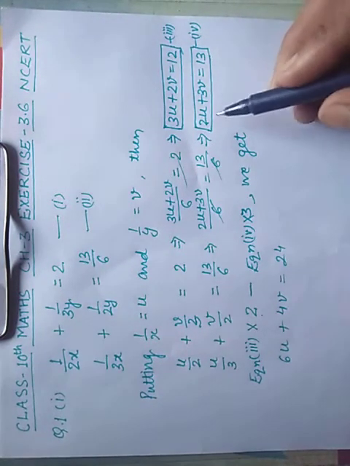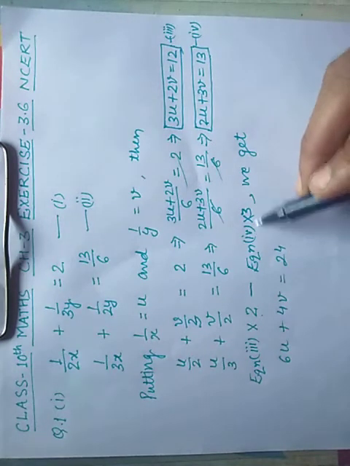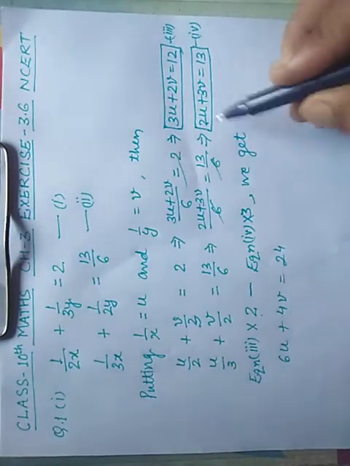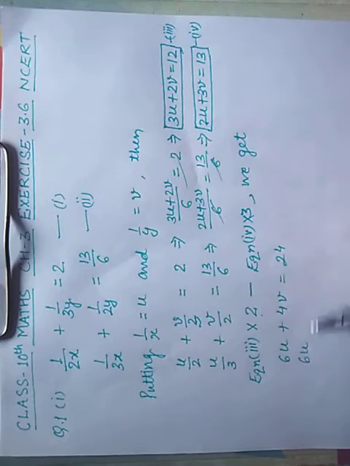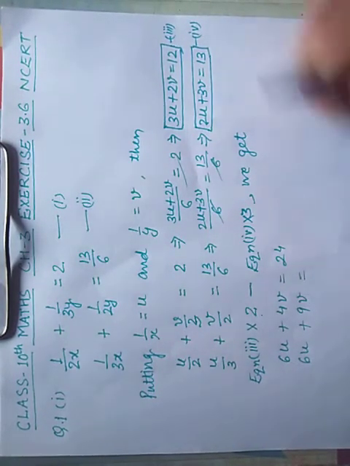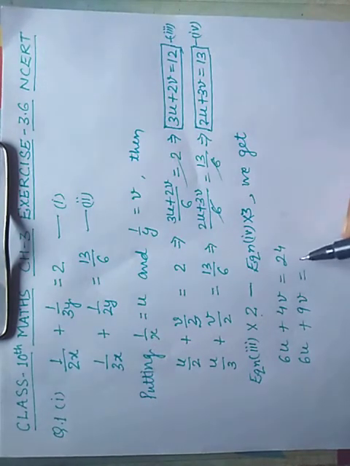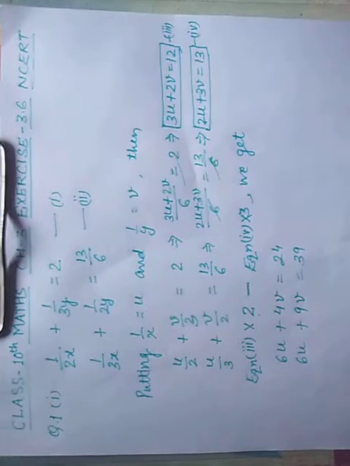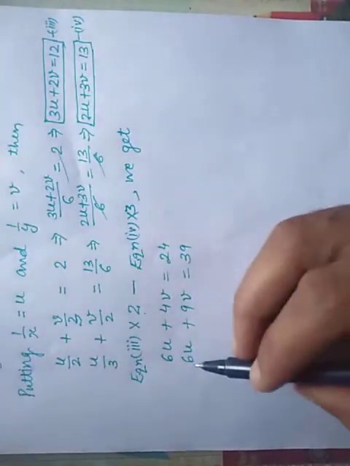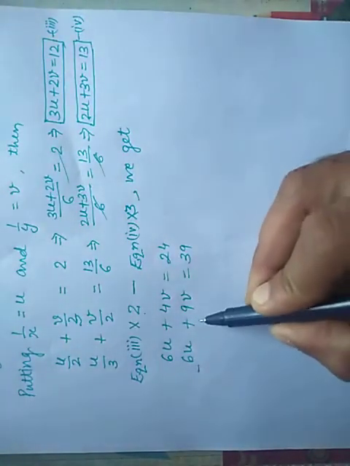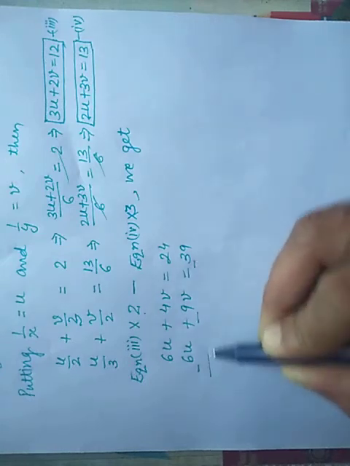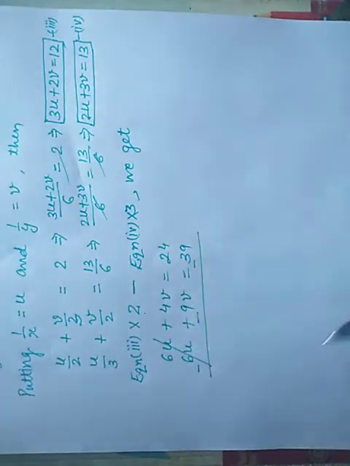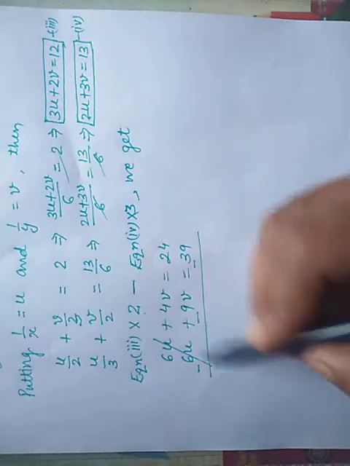Okay, and we have to multiply fourth equation by 3. So 3 twos are 6u plus 3 threes are 9v is equal to 13 threes are 39. Okay, so now we will change the sign, minus minus minus. This will cancel, one variable will be eliminated.